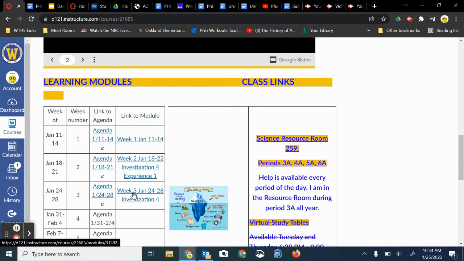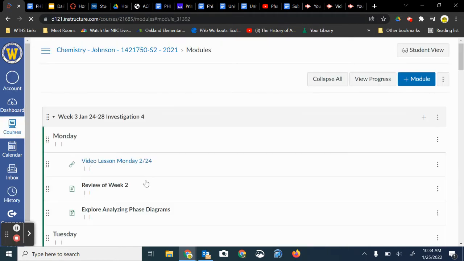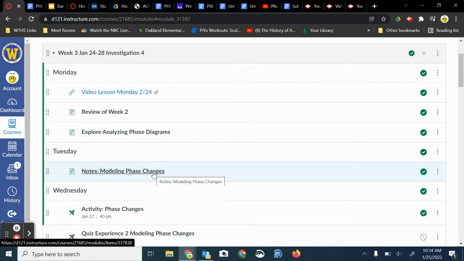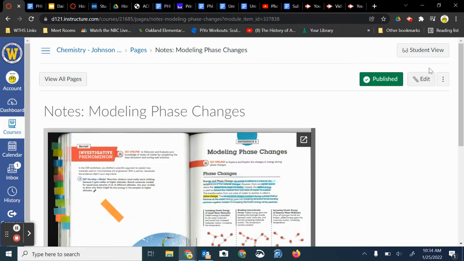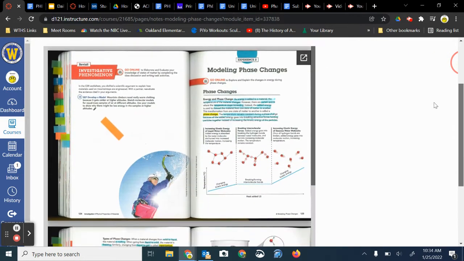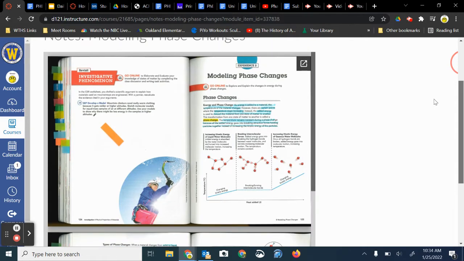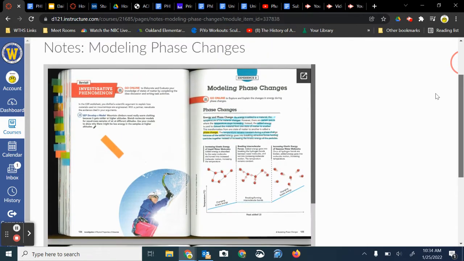All right. So if we go to this week's module and take a look. So here is what we're going to be doing today. So we're going to be taking a look at highlighting and answering the questions on pages 124 to 129 or 125.